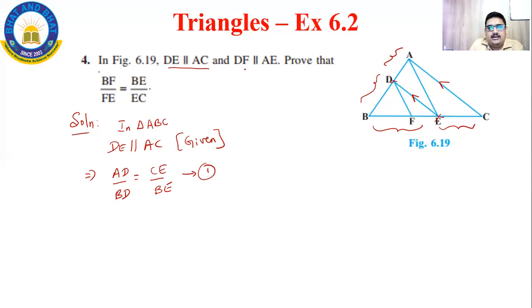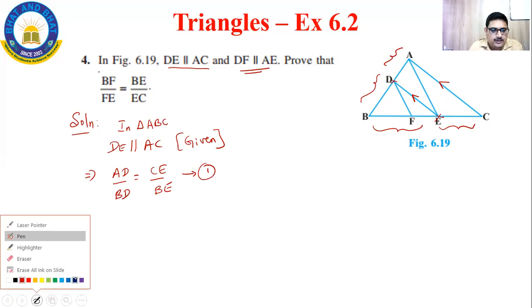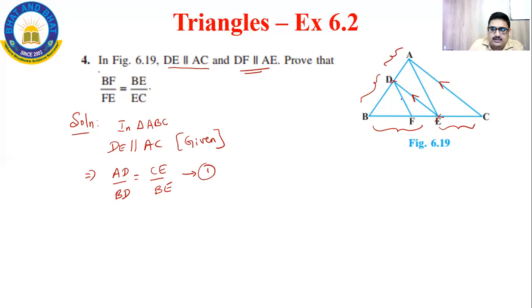Next, reading the second part, DF is parallel to AE. That is this, DF is parallel to AE. That means I should consider triangle ABE. So in triangle ABE, DF is parallel to AE. So what is my conclusion, students?